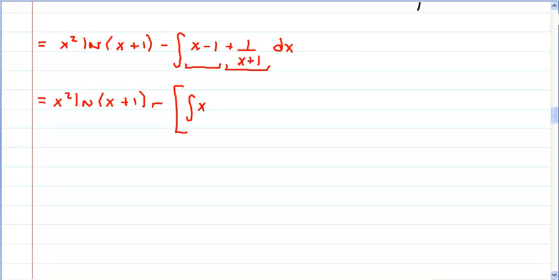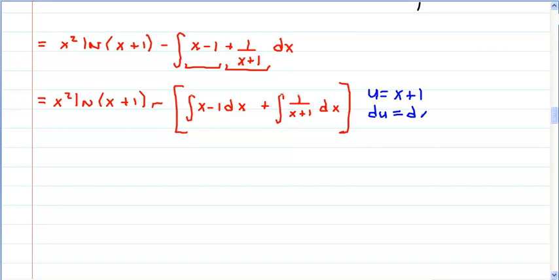So I'll be integrating x minus 1 dx, and then plus the integral of 1 over x plus 1 dx, and I'll let u equal x plus 1 and du equal dx. And I'll integrate after I substitute in the U-substitution.